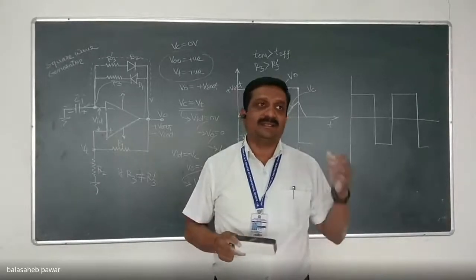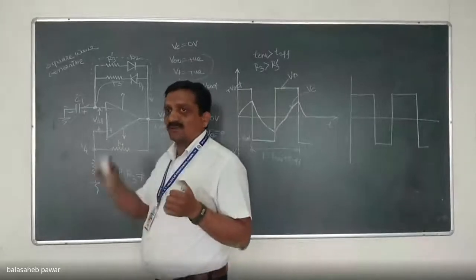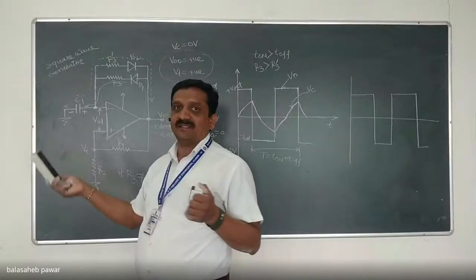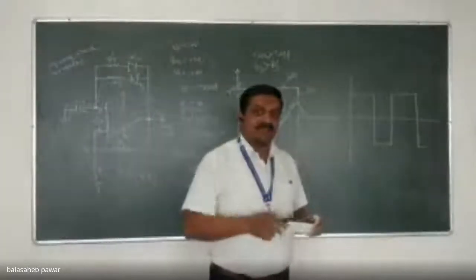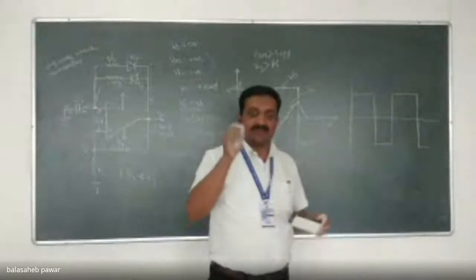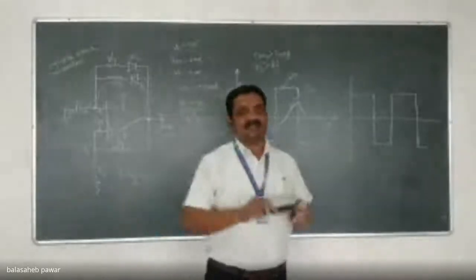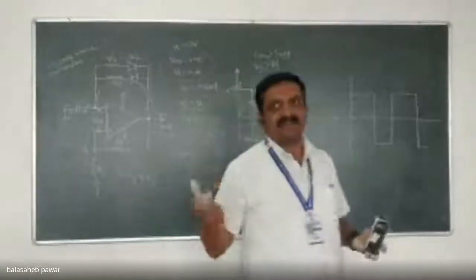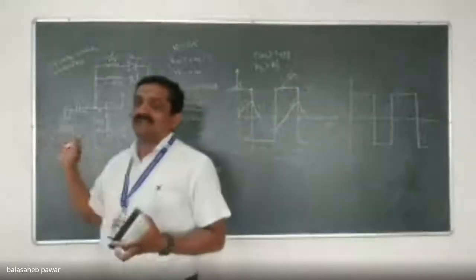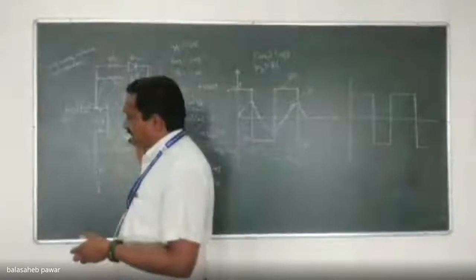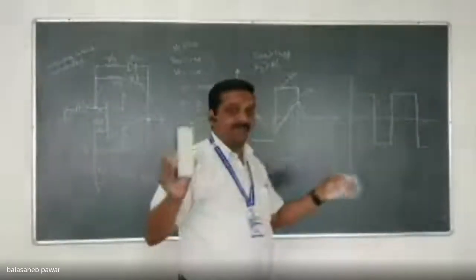We observed whenever the input to the integrator is a square wave, its output is the integration of that square wave, that is, a triangular wave. But the requirement is what? The input square wave frequency should be between FA and FB of that integrator. Then it will integrate it as a triangular wave. Otherwise, if the signal frequency is less than FA, the output of that integrator will be just like an amplifier.